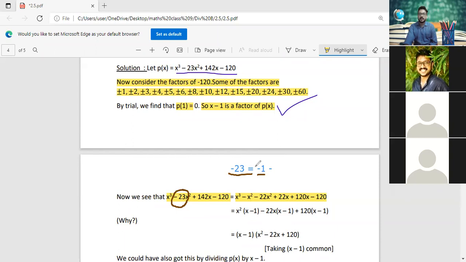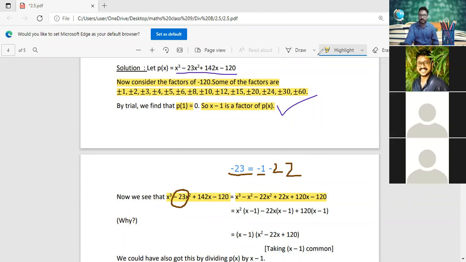And so we have to split minus 23 using the number minus 1, and the remaining number we have to find. We can easily find out: if we want to get minus 23, and minus 1 is there, then the next number should be minus 22, right?